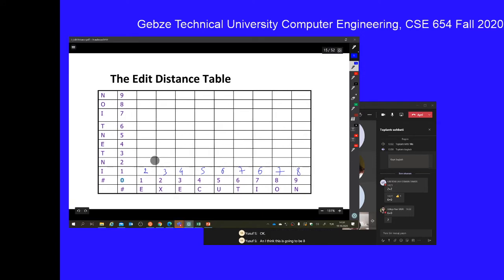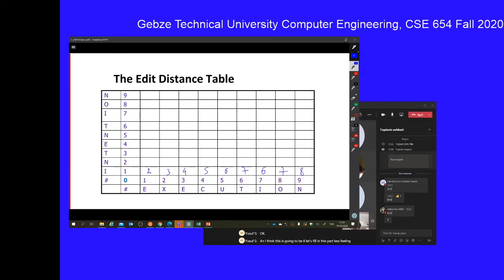Let's fill in this part. This is going to be 3, 4, right? Yeah. And this is going to be 3, okay, this is 3, right? Because the e's are the same.